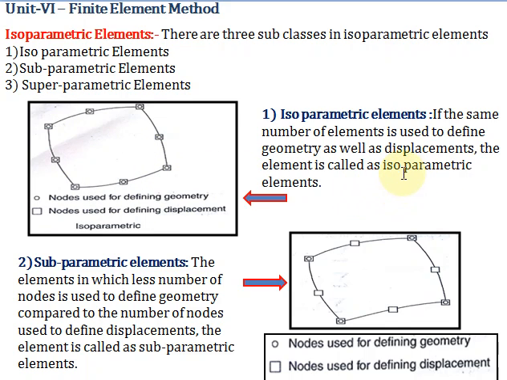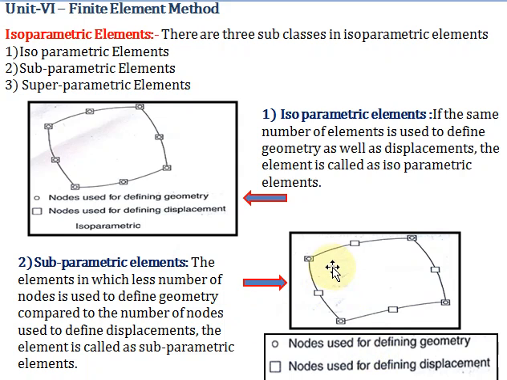So it is called an isoparametric element. If the same number of nodes is used to define the geometry as well as displacement, the element is called an isoparametric element.